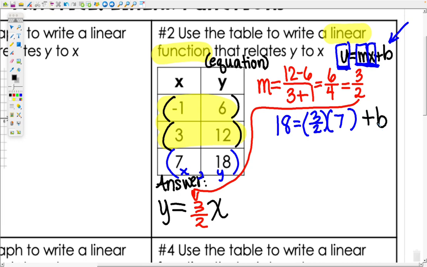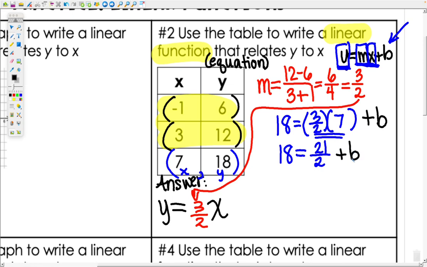Do not be scared because you can use your calculator. So I'm multiplying these two by each other, okay? And that's gonna give me 21/2, which is the same thing as 10.5. Now I'm just bringing this down, bringing that down, and then my plus b.